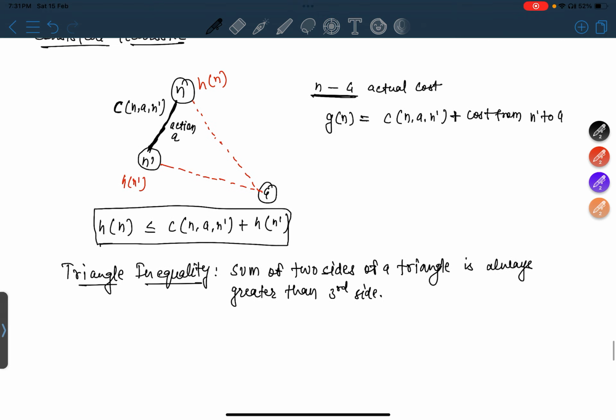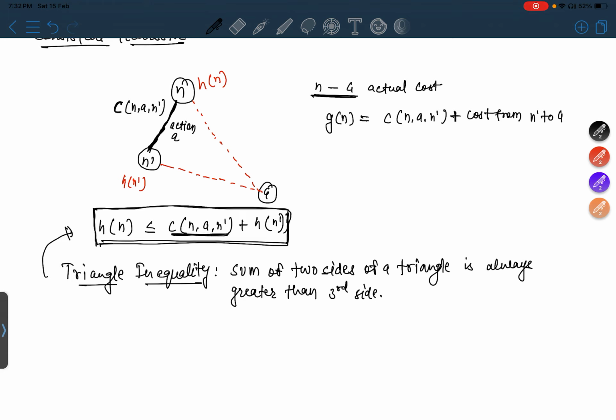So from this we can derive this h of n should always be less than or equal to h of n prime plus c of n, a, n prime.